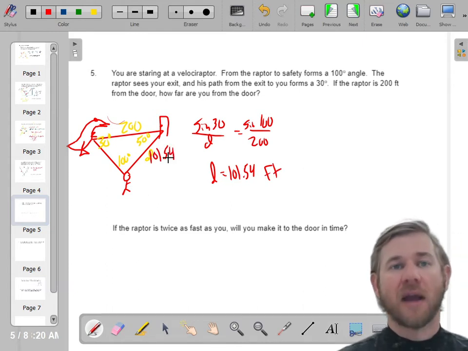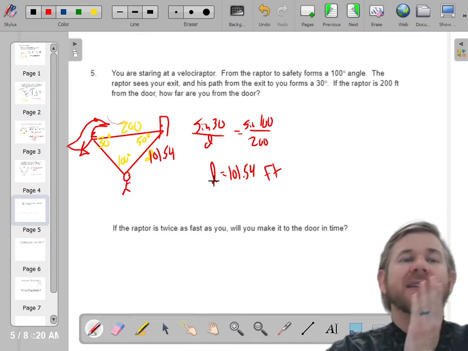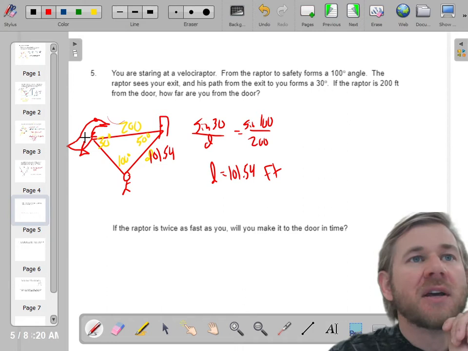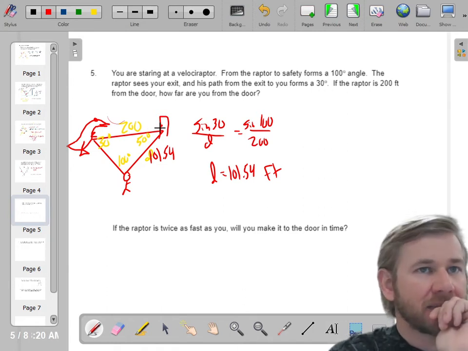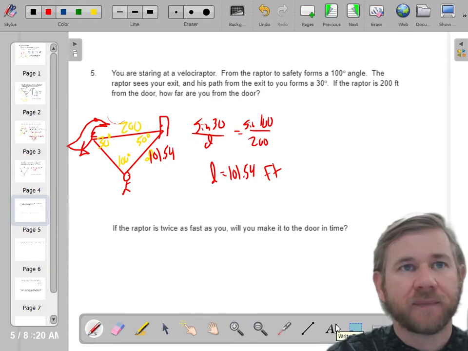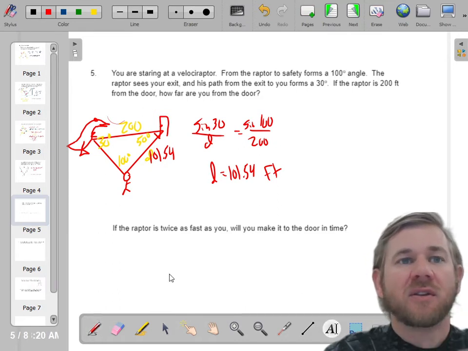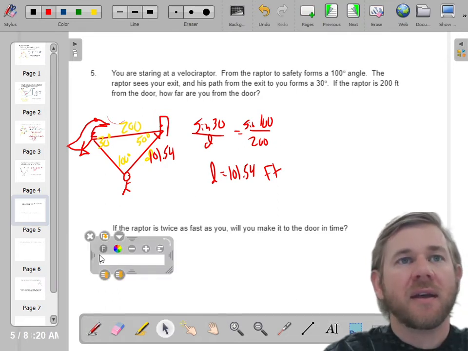Now, if the raptor is twice as fast as you, will you make it to the door in time? Okay, he can run 200 feet in the time it takes you to run 100 feet. So he's going to run 200 feet, you're going to run 100 feet, and you're going to be 1.5 feet short of the door, and he's not.